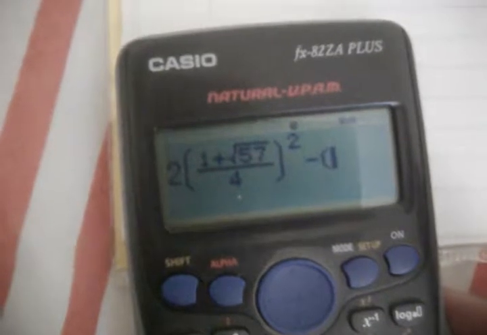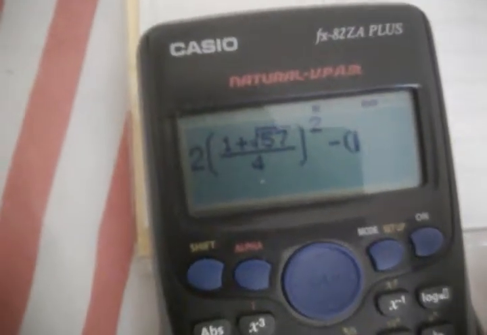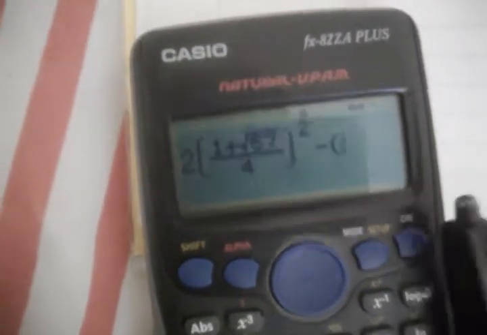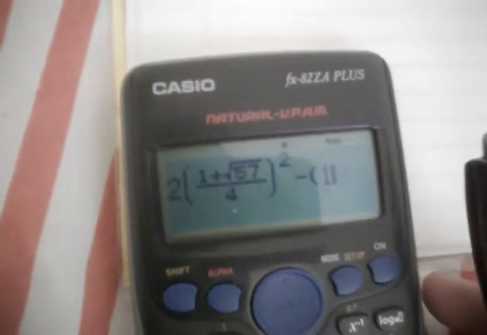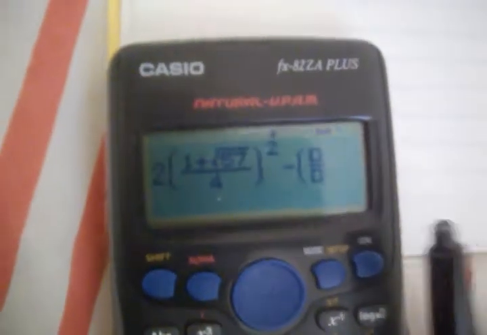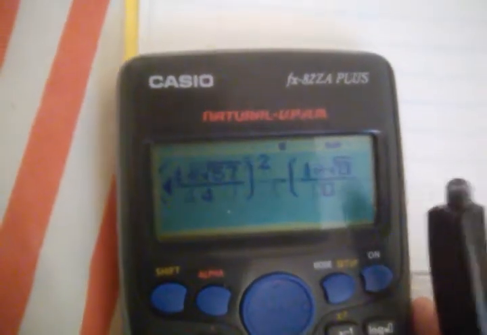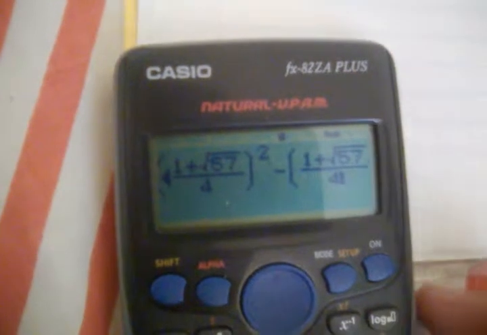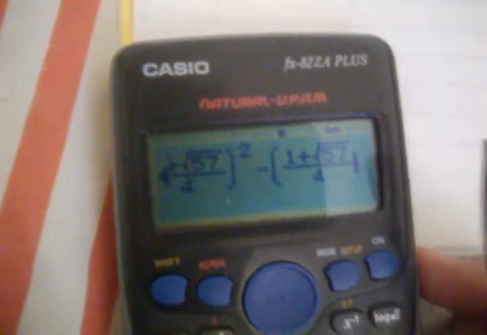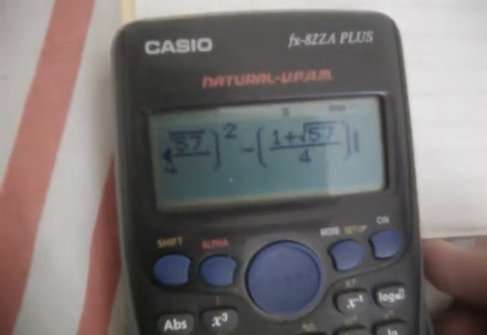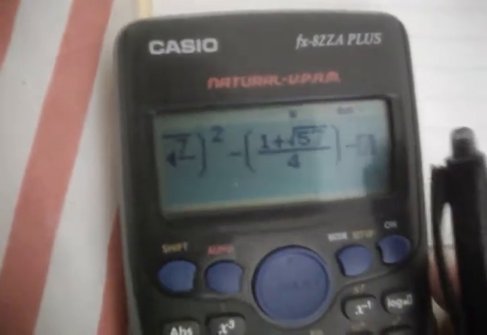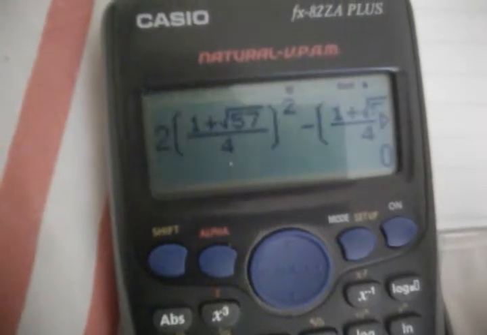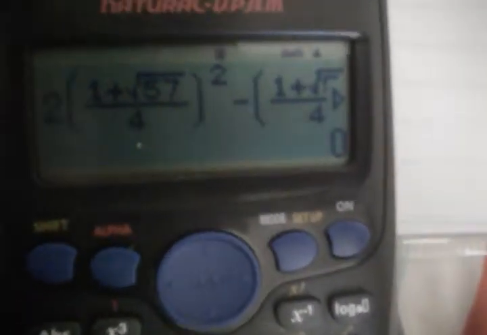So minus x, it'll be 1 plus the square root of 57 over 4. I'm not going to square it, and then our next step will be minus 7, and the answer is 0. As you can see, the answer is 0 after we plugged it in.